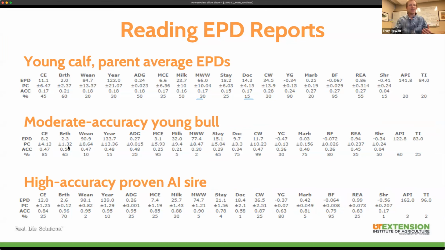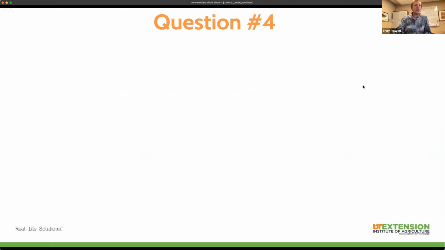This moderate accuracy young bull that we had on the previous slide, you can see higher BIF accuracy and also a smaller possible change associated with that EPD. But for a very high accuracy proven AI sire, you'll see that possible change shrinks down very, very small. So in this case, we're very confident that this EPD is quite close to that animal's true genetic merit, and it's not likely to shift around as we add more data into the database here.